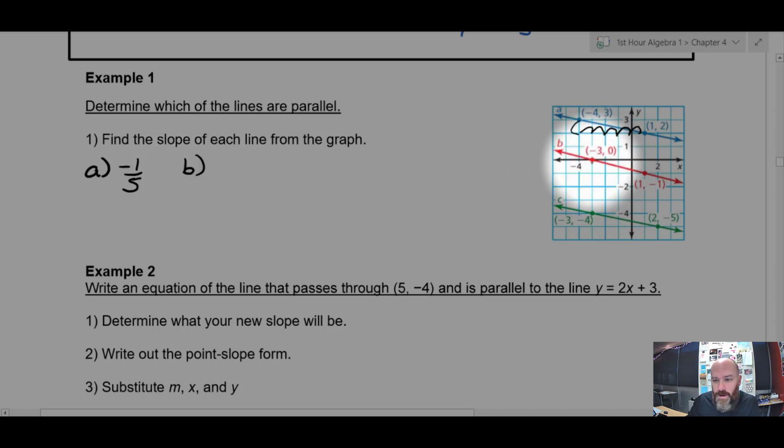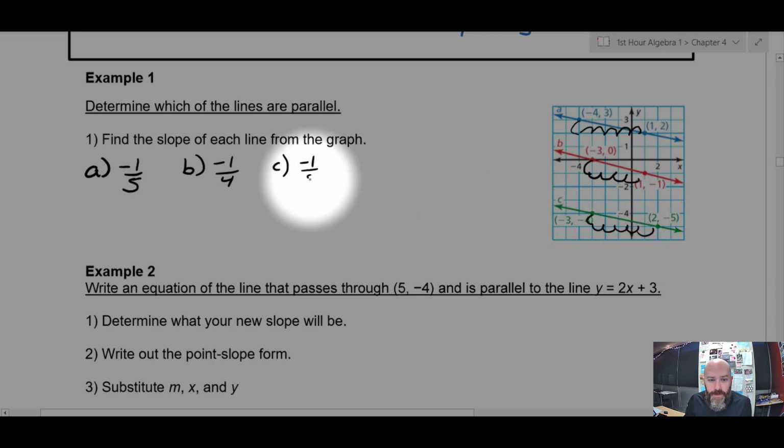Line B, I go down 1, and I go over 1, 2, 3, 4. So I can tell you right now that line B and A are not parallel because they have different slopes. Let's look at line C. I go down 1, and then I go over 1, 2, 3, 4, 5.